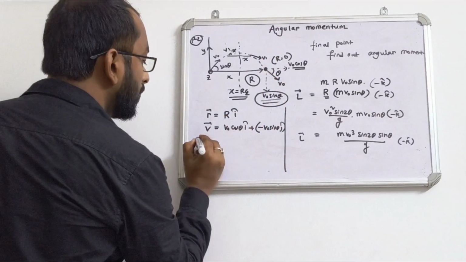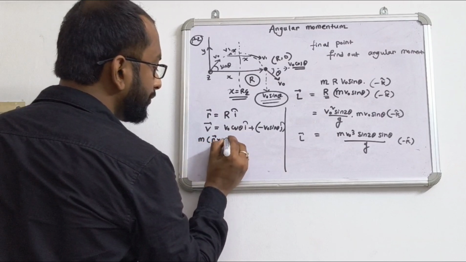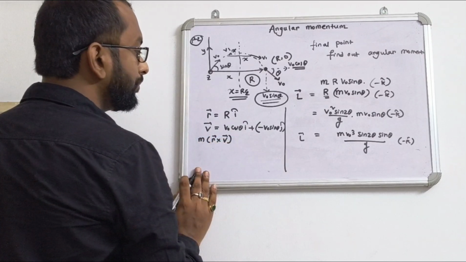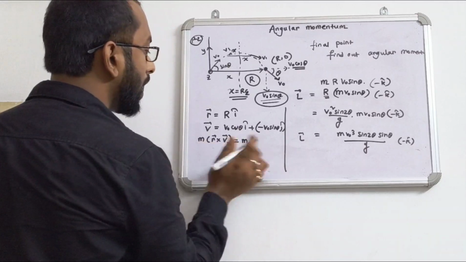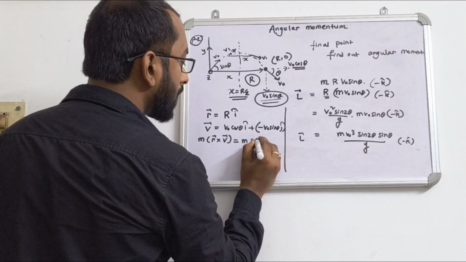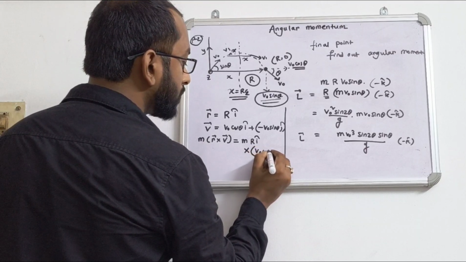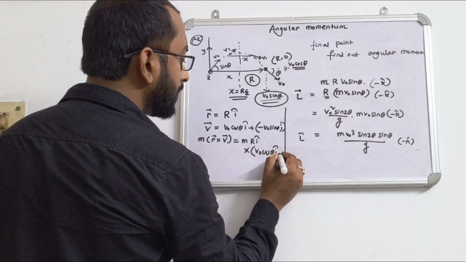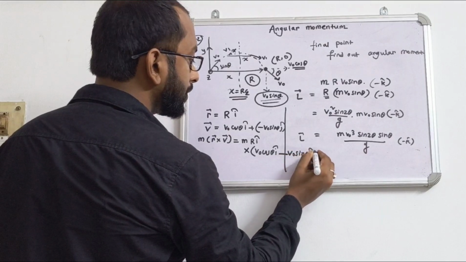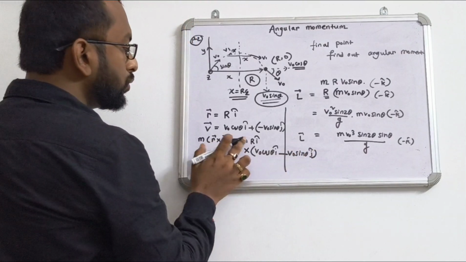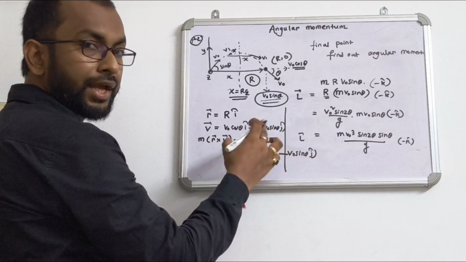So we can always do this, m r cross v, that is m times R i cap cross v0 cos theta i cap minus v0 sin theta j cap. See, due to this component it is i cross i, that is why it does not create any angular momentum.